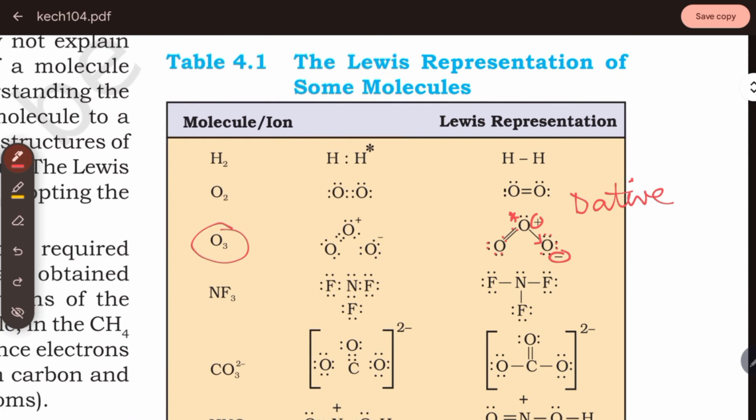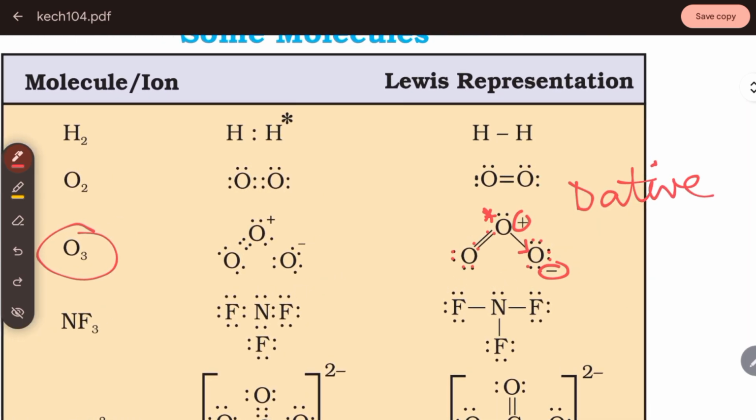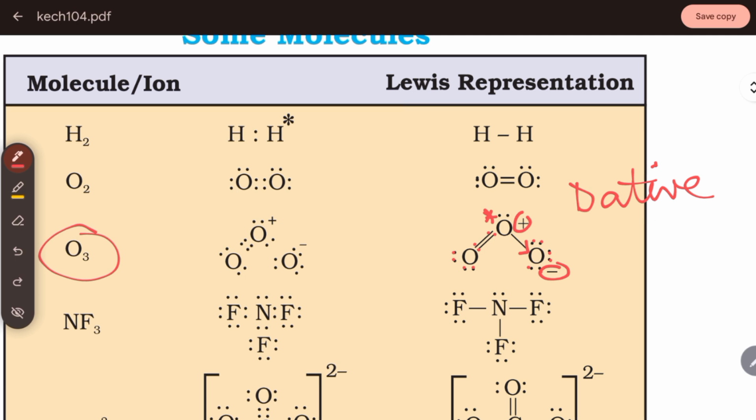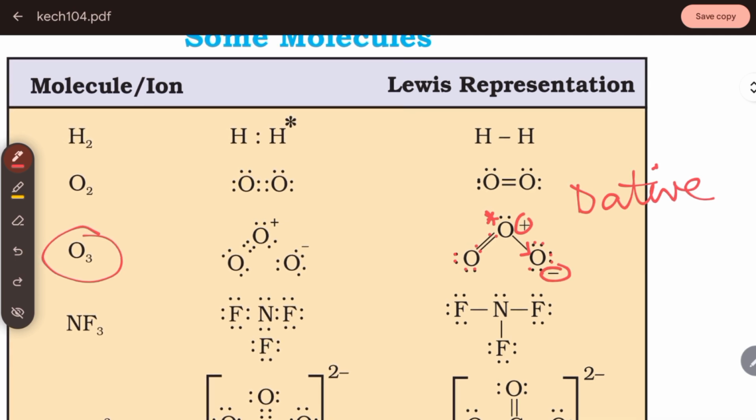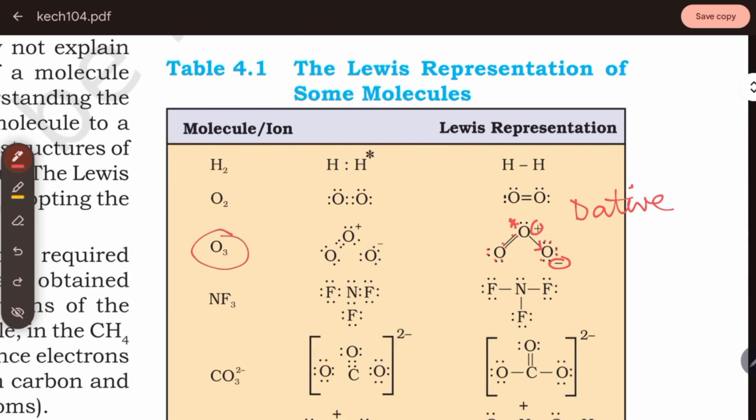Now maybe one has 4 chocolates and the other has 6 chocolates, and the one with 6 says, I want to give you 2 chocolates, but after giving, it will be shared between us. Understood? So the one which is giving becomes the donor. The atom which is donating gets a positive charge. The other atom that is accepting becomes the acceptor atom and gets a negative charge, because it's not chocolate, it's electron.